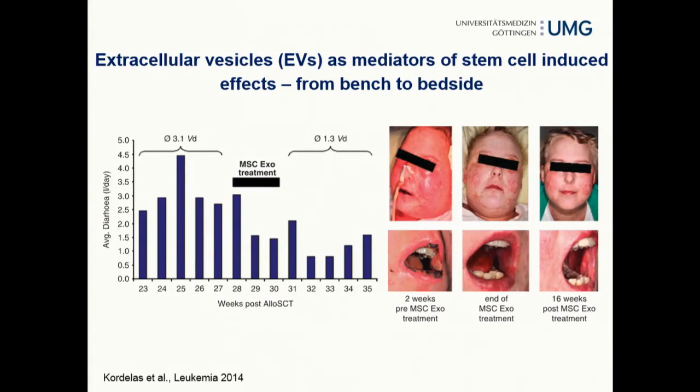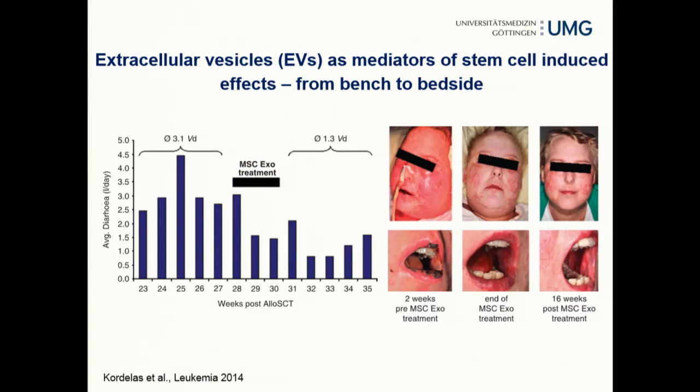The question now is, is this feasible in men? Well, we haven't applied EVs in stroke patients yet for obvious reasons, but we were the very first worldwide who actually applied EVs in men at all. And this is a patient that was suffering from a hematological disease, and this patient got a bone marrow transplantation, and unfortunately in the process of this transplantation, the patient developed a graft versus host disease, which can usually be treated using glucocorticoids.